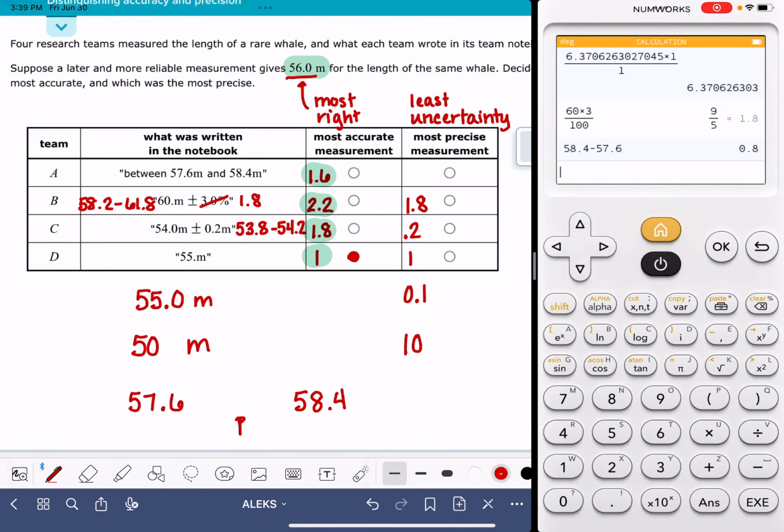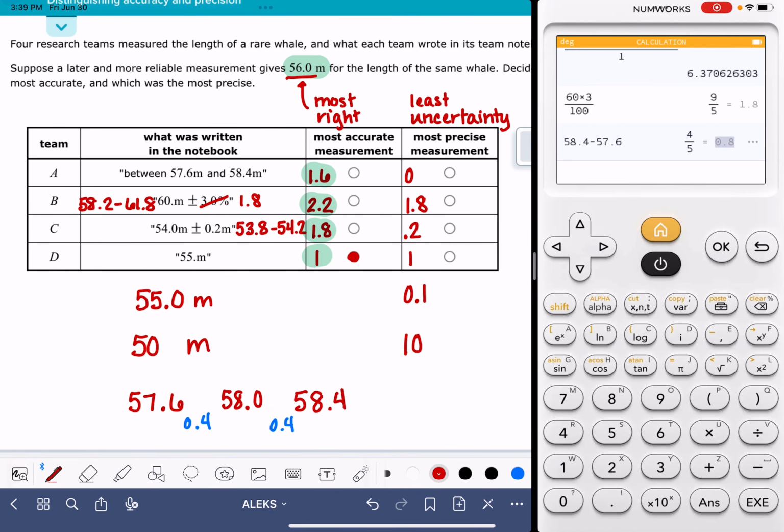So they are 0.8 units apart, which means the midpoint is 58. The difference between these numbers and the midpoint is 0.4, and we're going to assume that's the uncertainty with this particular measurement. So they think it's plus or minus 0.4 away from 58. So 0.4 is the uncertainty for that team.